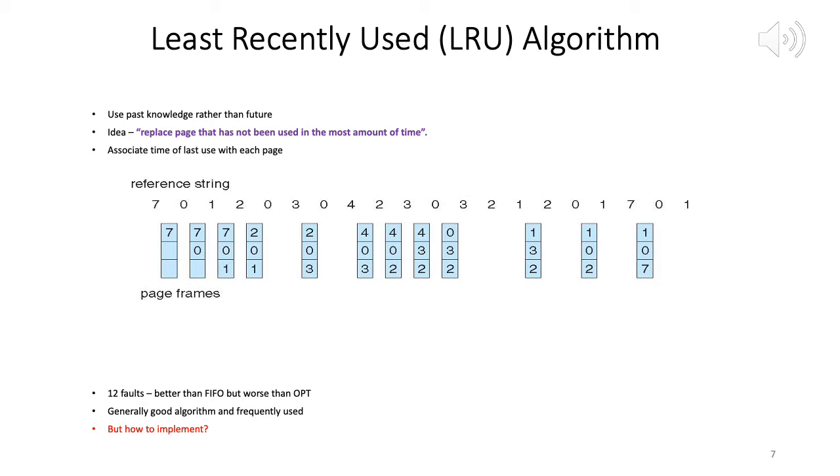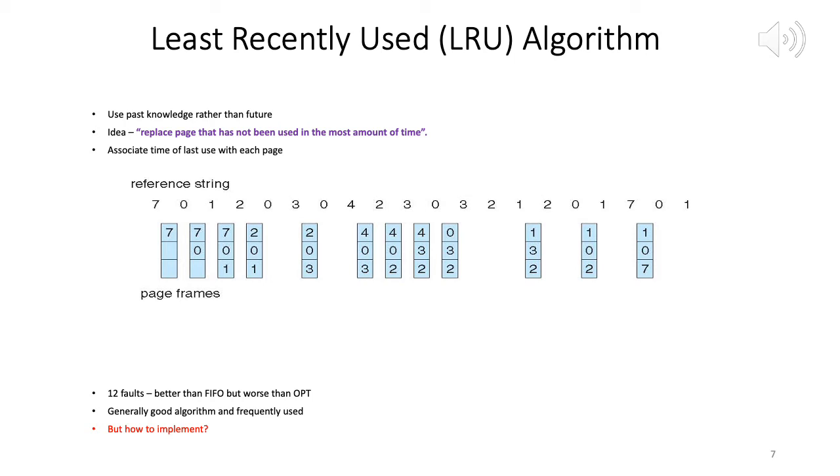And we said that in real life, this look ahead feature may not be available. So although the performance of the optimal algorithm is really good, implementing it in real life may not be possible. So now we try to look at some middle ground.